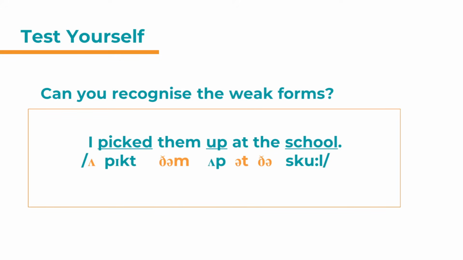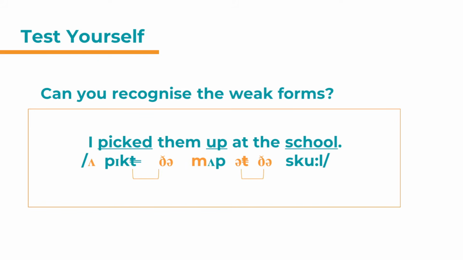I will simply be a schwa sound. I picked them up. Them will be reduced and contains a schwa. At and the as well, they will be reduced and they will contain schwas. Listen again. I picked them up at the school.